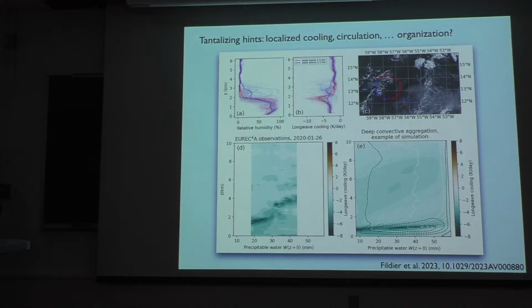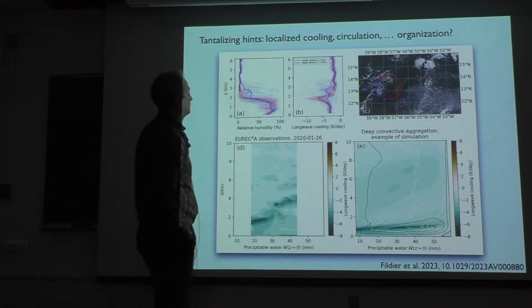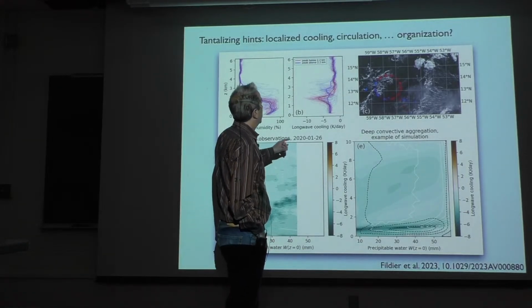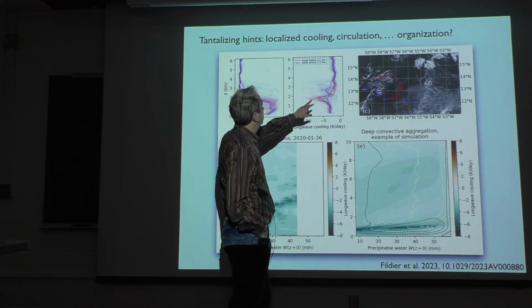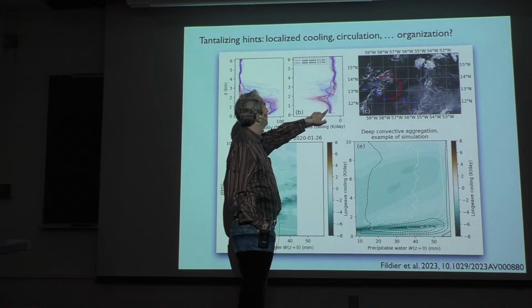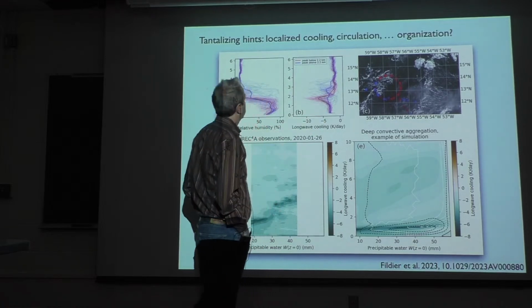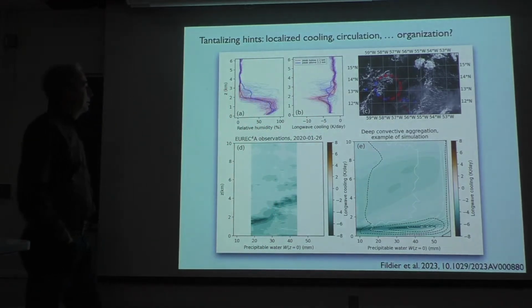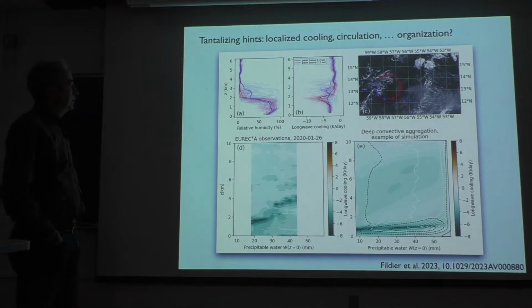Related to this question, have you integrated vertically the right-hand side column to see how the radiative flux looks compared to the relative humidity? Sorry, you're asking, has anybody looked at the vertical integral of the right plot to get the radiative fluxes, to see if they look like the relative humidity, because it sounds like it should based on the discussion you just gave, right?